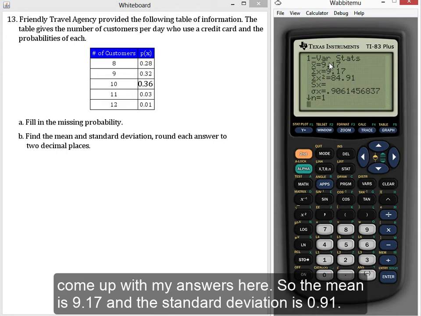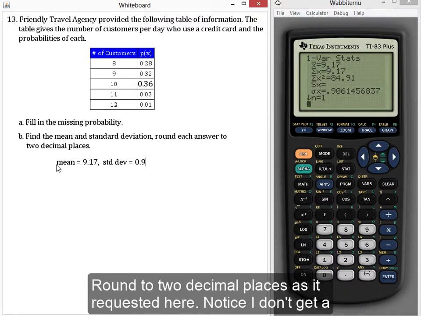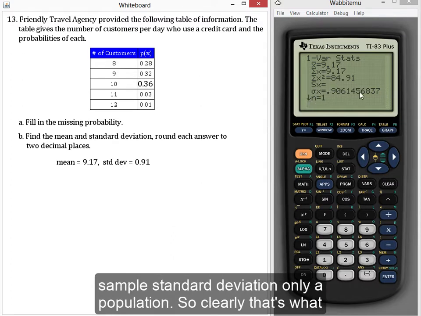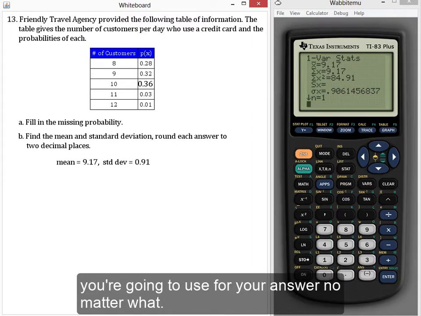So the mean is 9.17 and the standard deviation 0.91. So I round to 2 decimal places as requested here. Notice I don't get a sample standard deviation, only a population. So clearly that's what you're going to use for your answer no matter what.